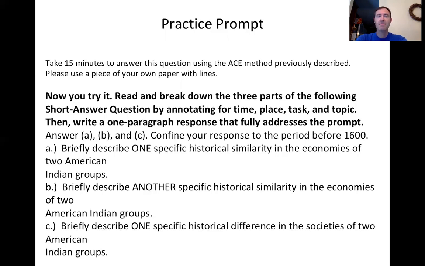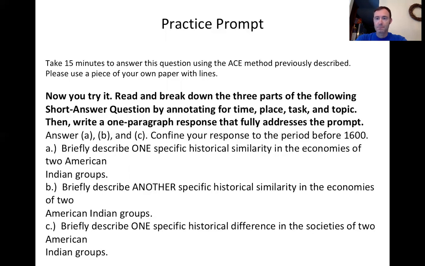B, briefly describe another historical similarity in the economies of two American Indian groups. And C, briefly describe one specific historical difference in the societies of two American Indian groups.